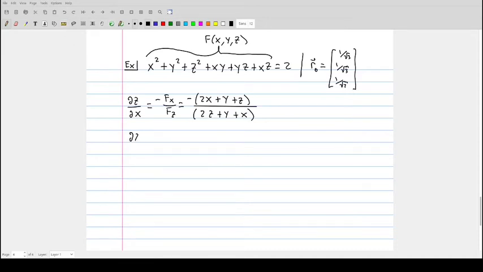and dz dy should be equal to negative fy over fz, which is negative 2y plus x plus z divided by 2z plus y plus x.